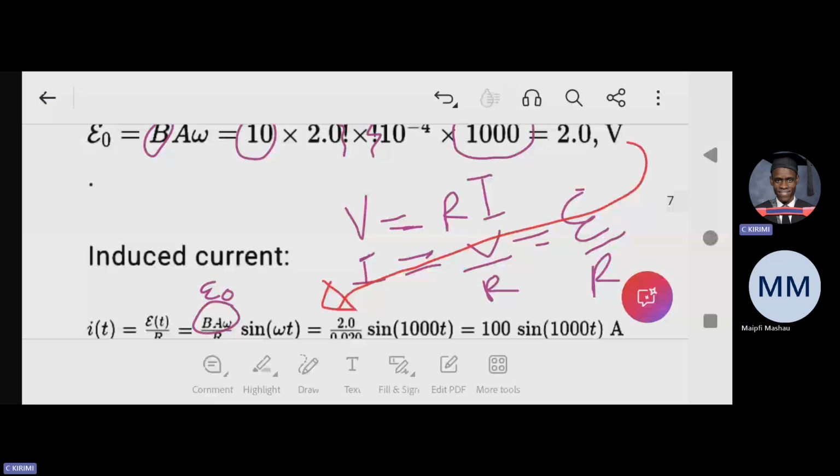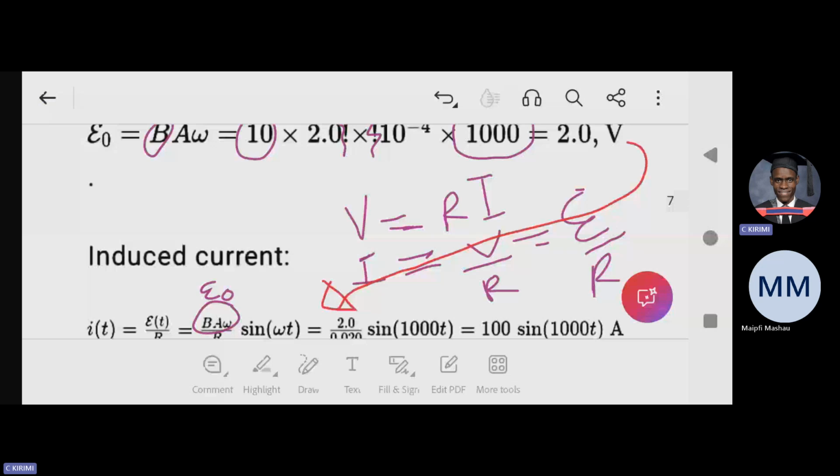I'm saying, since we are using E of t over R, that BA omega we calculated, that is the peak EMF, which we already calculated above, which is equivalent to 2 volts. So that is the 2, divided by the resistance.